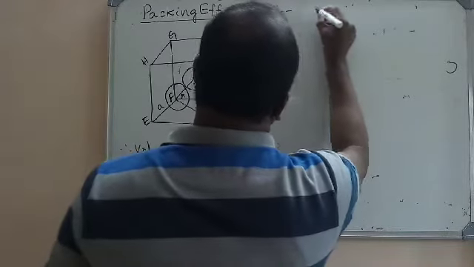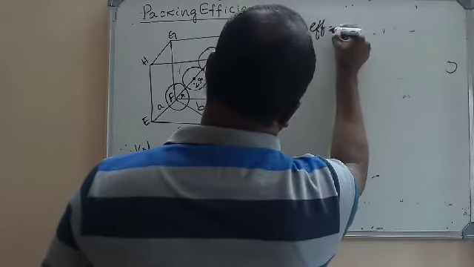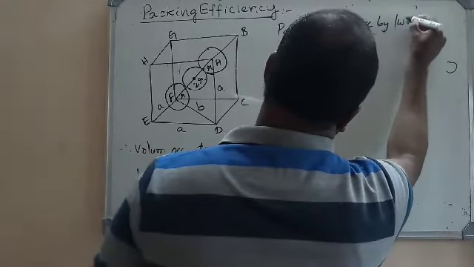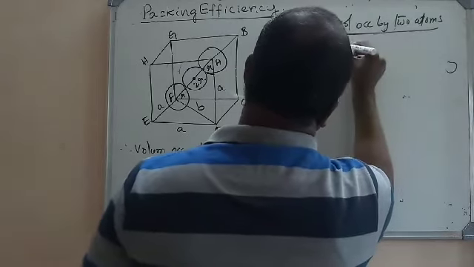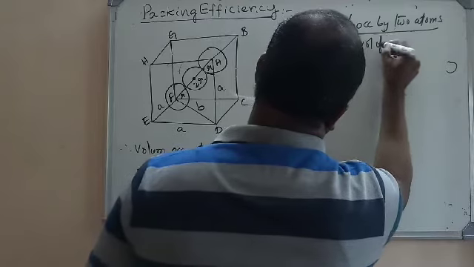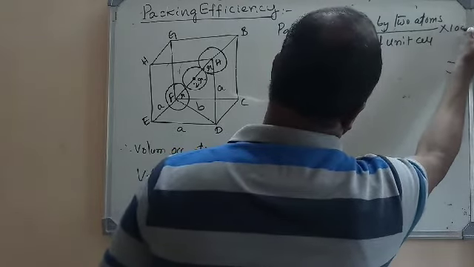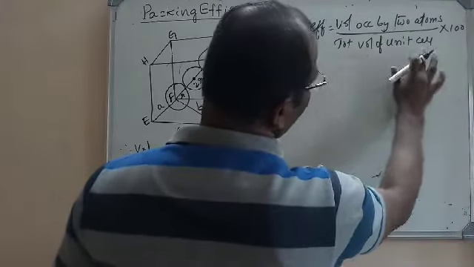So packing efficiency is equals to volume occupied by 2 atoms divided by total volume of the unit cell, into 100.